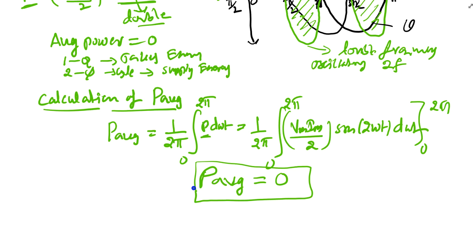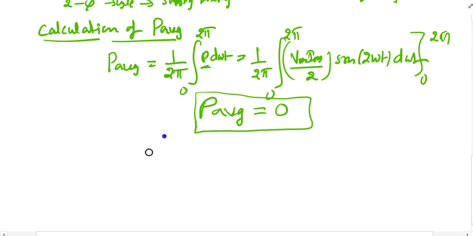In general, for one quarter cycle the capacitor takes the energy, and for another quarter cycle it returns the energy. Therefore the net power consumed by the capacitor is 0.